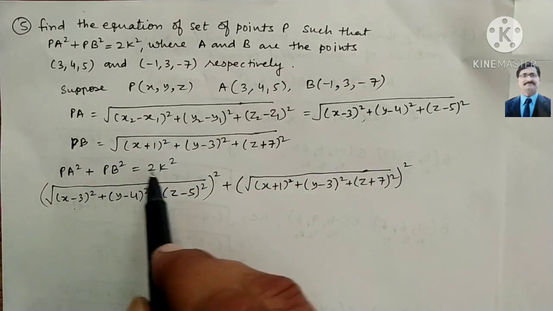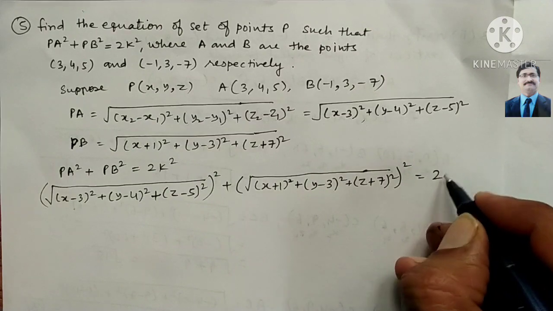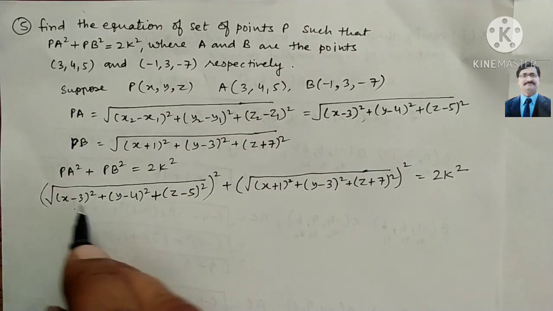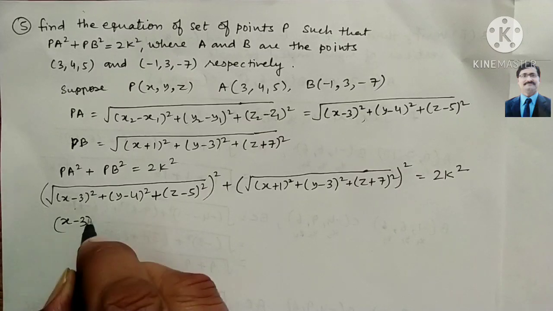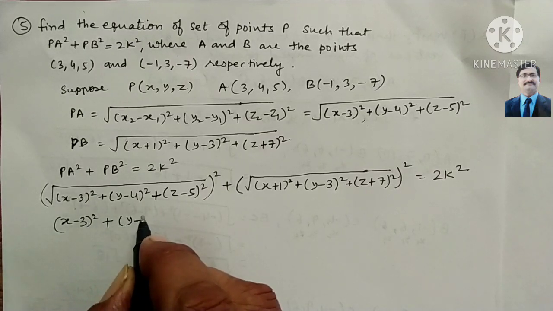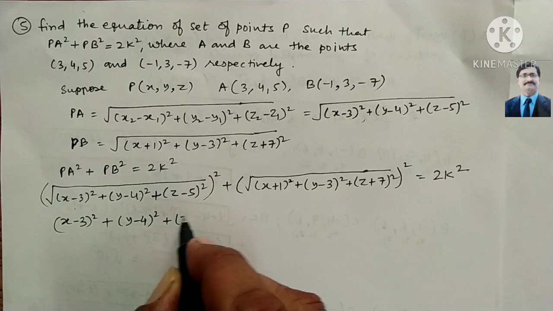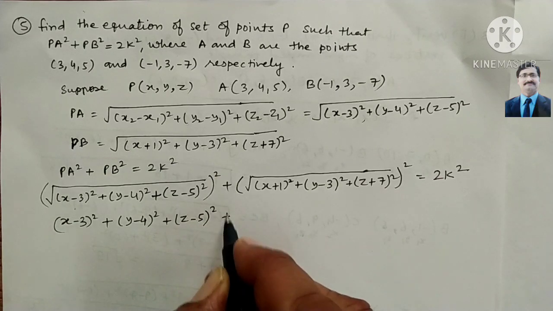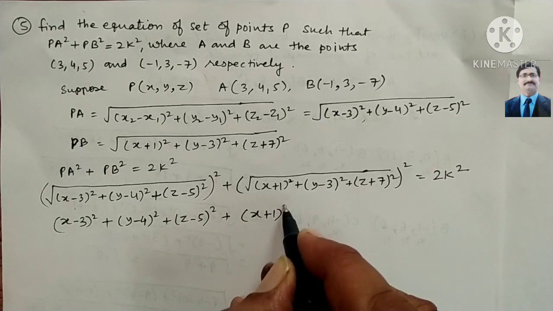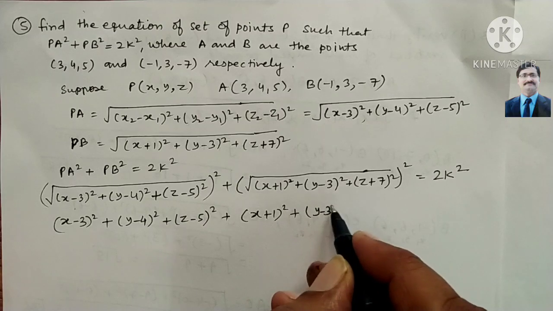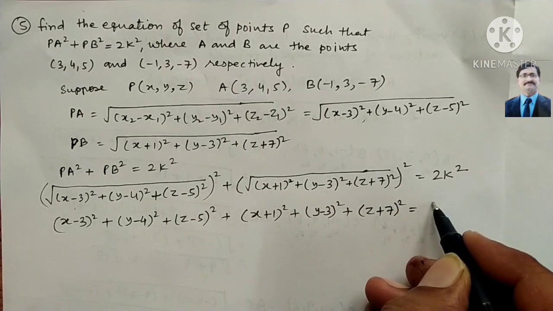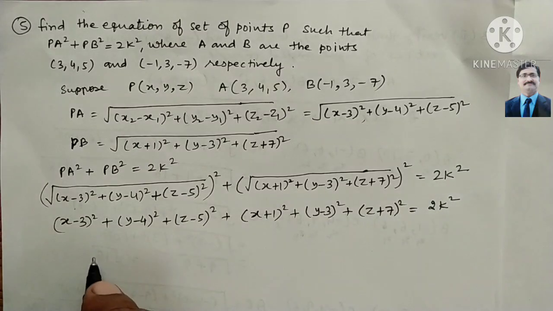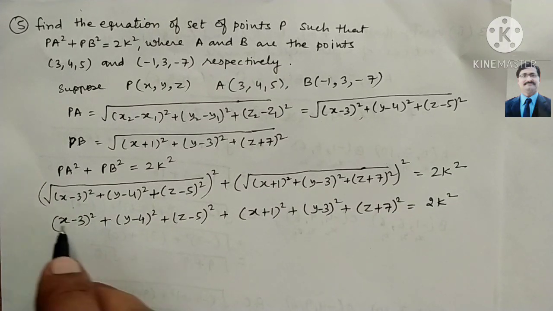This is PB square, and 2k square is a constant, so we can write here 2k square. Now square and root cancel. We get (x minus 3) square plus (y minus 4) square plus (z minus 5) whole square plus (x plus 1) whole square plus (y minus 3) whole square plus (z plus 7) whole square equal to 2k square. Now we have to open the brackets.